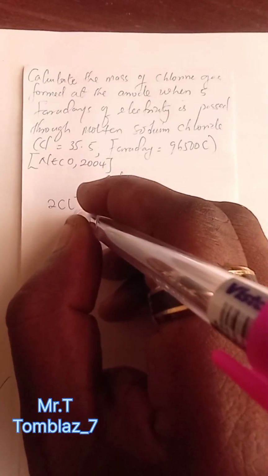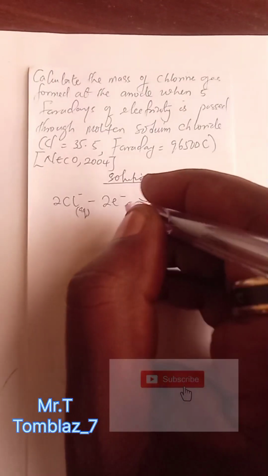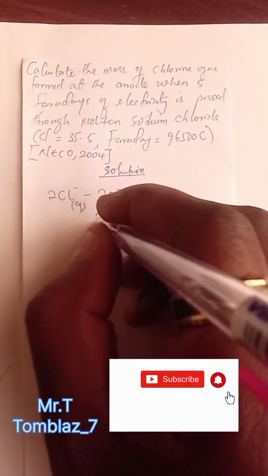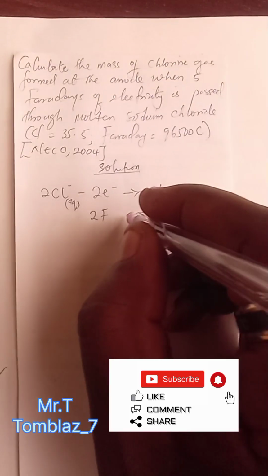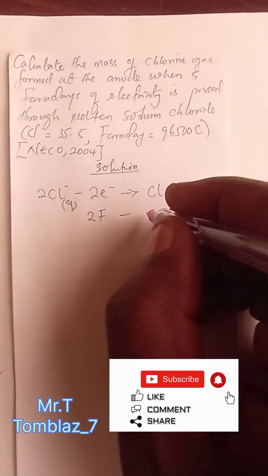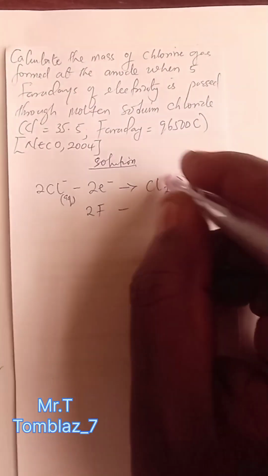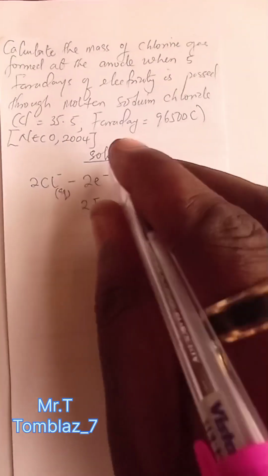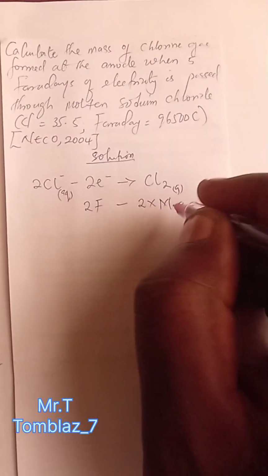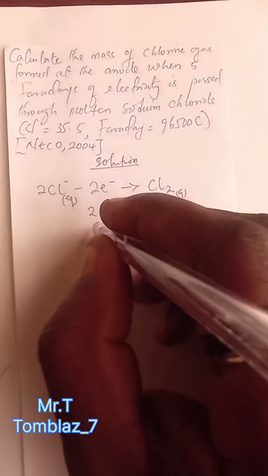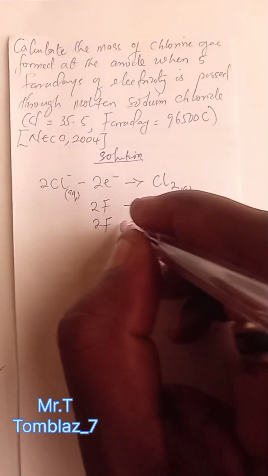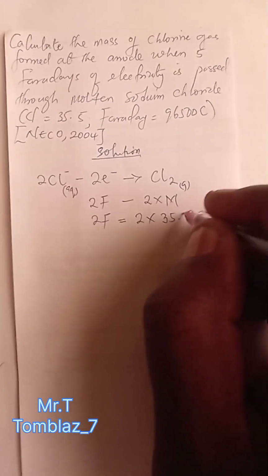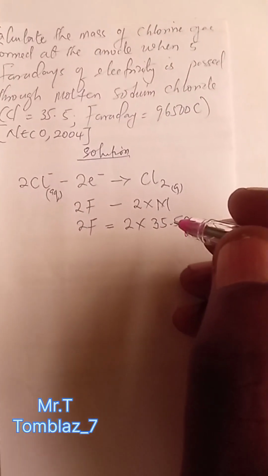Now if this equation is okay for this calculation, we have the chlorine to be a gas. So here we're going to be having 2 Faradays giving rise to this chlorine gas, and this is chlorine gas, so it's going to be 2 times the atomic mass. What it means is 2 Faradays gives 2 times 35.5 grams of chlorine gas.